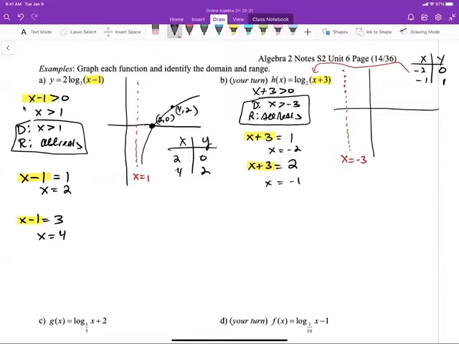Now I have these two convenient points that I can plot. I go to -2, so we'll say that's -2, 0, right about there.